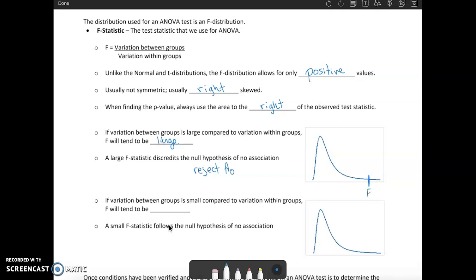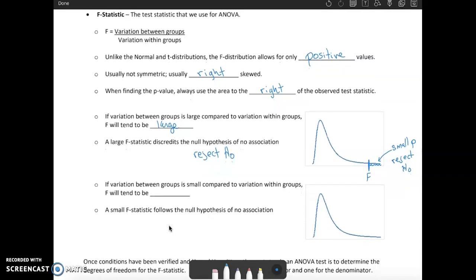And that's where your F statistic is. The p-value then beyond that is the area to the right of that. So the p will end up being small. And we already know that small p-values lead to rejecting the null.